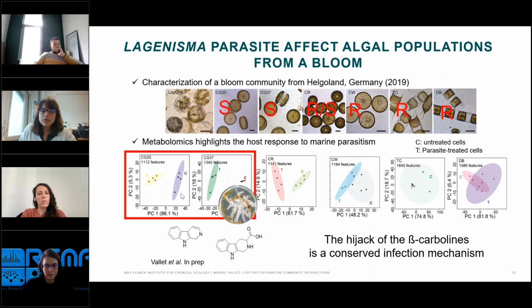So further, we were looking, of course, at our target compounds, these alkaloids, and we found them again, especially in the highly susceptible Coscinodiscus granii. This led us to conclude that the beta-carbolines are actually hijacked by the parasite. The parasite will use the compounds of the host for its own purpose, and it's a conserved mechanism because we find it again in a new bloom.